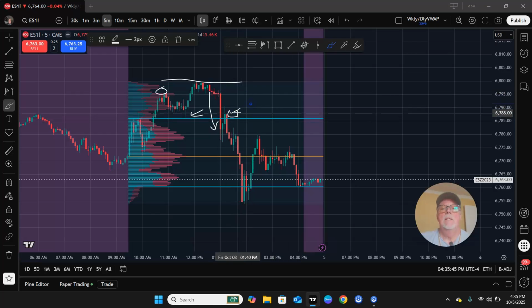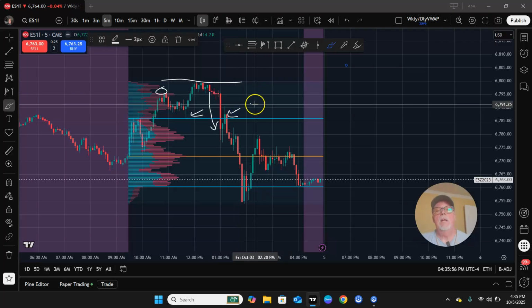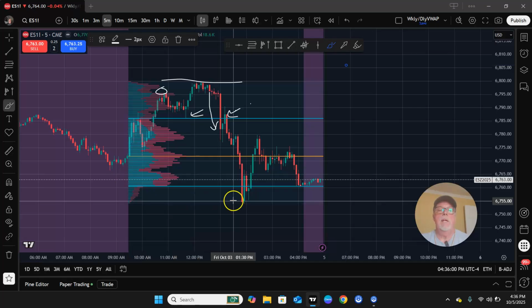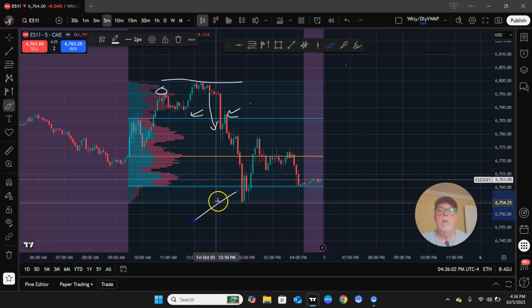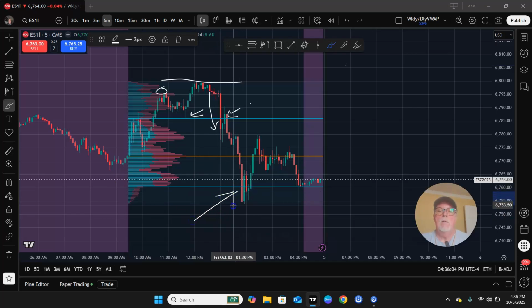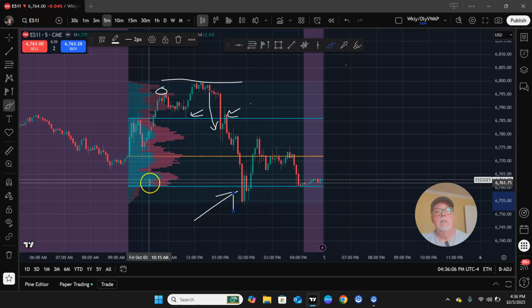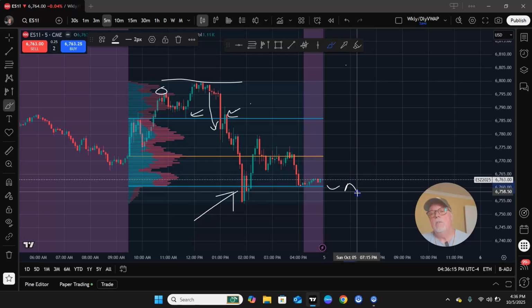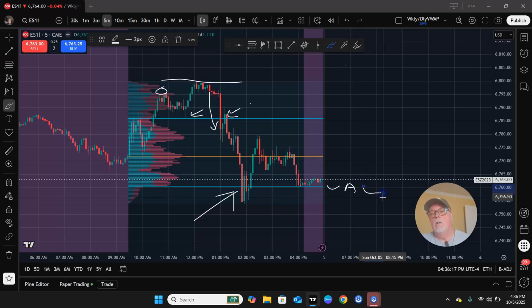We came back and retested it before we went down further, and then when we got down to here, notice how we went just past the value area low. This is going to be our value area low.